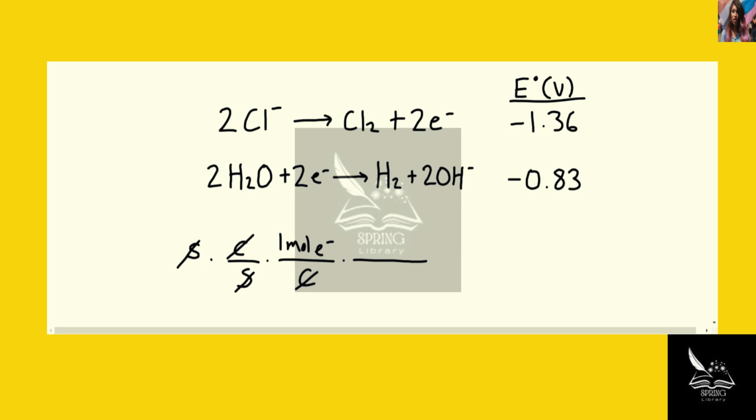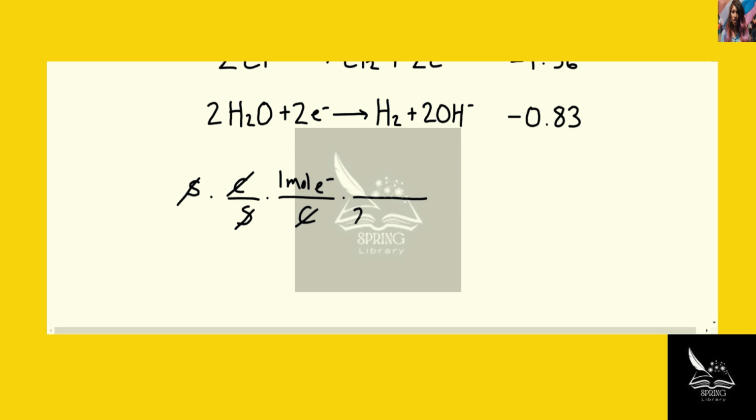So therefore, the ratios are the same. We know that 2 moles of electrons correspond to 1 mole of either Cl2 or H2. And now we cancel off units of moles of electrons.